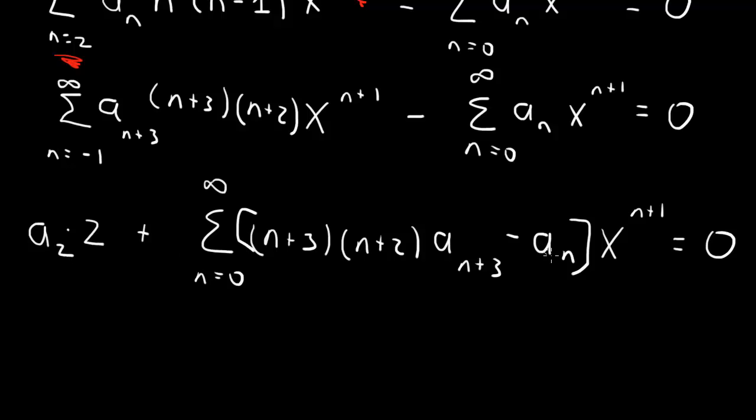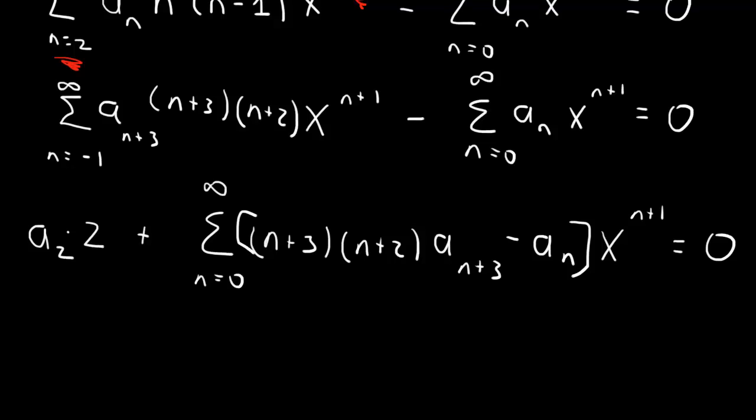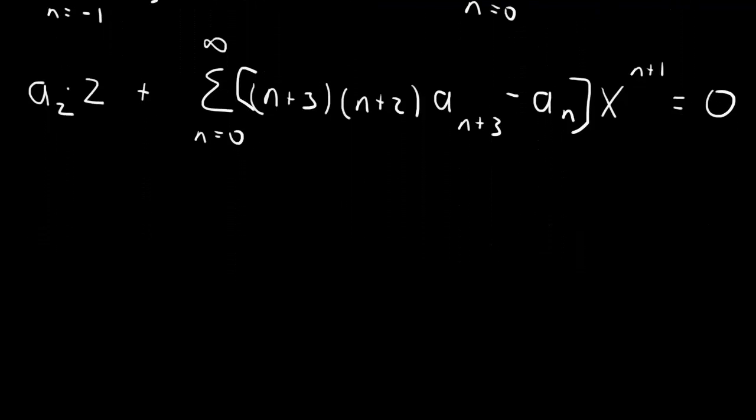So this now is written as a single power series. This is the constant term, x to the 0, written separately. And then we have x to the 1 is the first term in this series, and then x squared and x cubed and so on. So now the key step is that if we have a power series equal to 0, then all of the coefficients have to be 0. So this coefficient has to be 0.